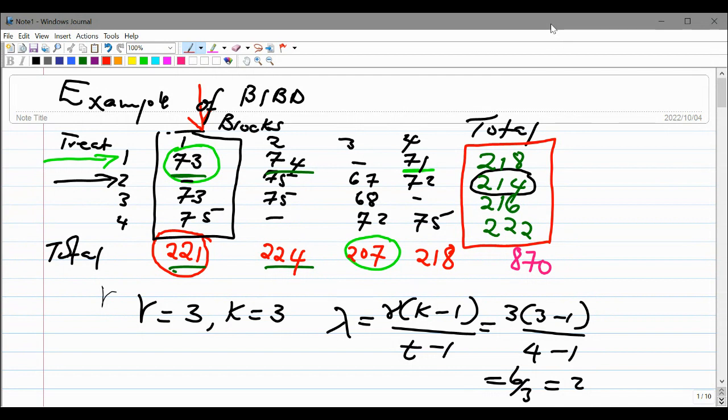So it's not always the case that you'll get these cases, where K is equal to 3. So I will share a question that you'll do during the tutorials, where K is not equal to R. It means you must read the question and understand which ones are the blocks and which are the treatments.